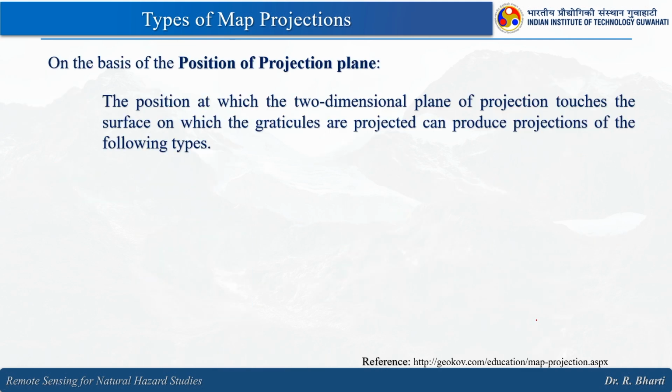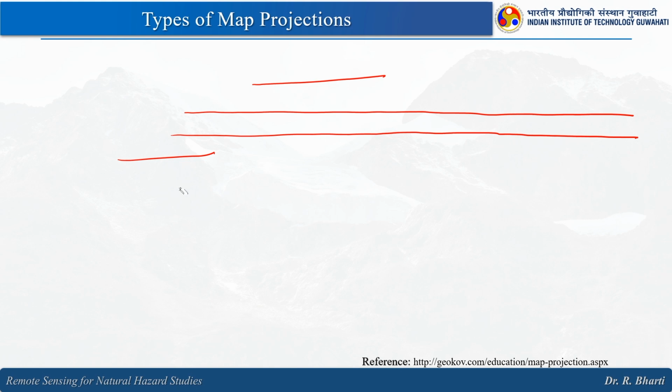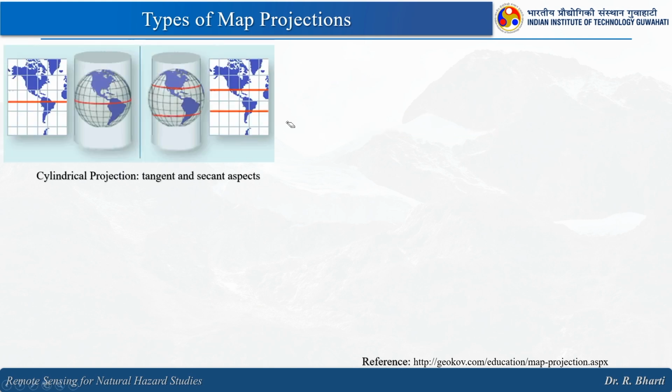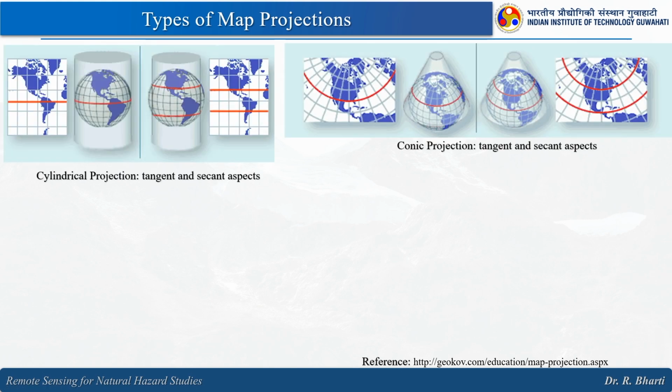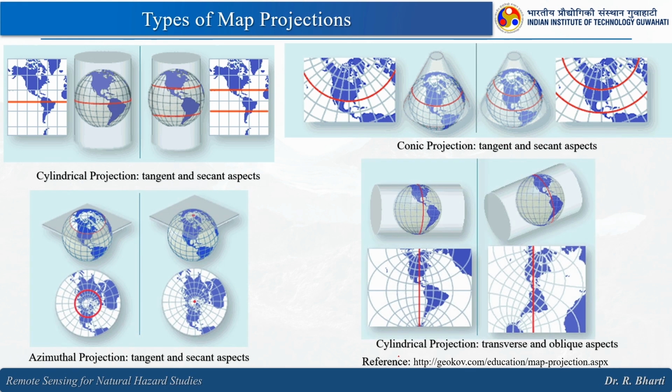On the basis of position of projection plane, the position at which the two-dimensional plane of projection touches the surface on which the graticules are projected can produce projections of the following types. So, here you can see one by one, this is cylindrical, this is conical, this is azimuthal, this is cylindrical projection, again the transverse and oblique aspects.